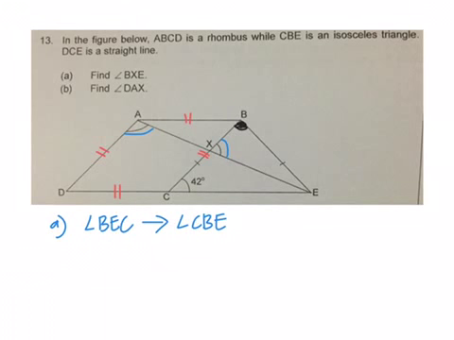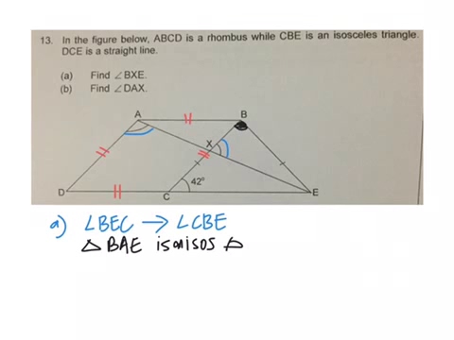Then again, are you able to identify the other isosceles triangle? Triangle BAE is also an isosceles triangle, because line BC equals line AB, and that line is also equal to BE.